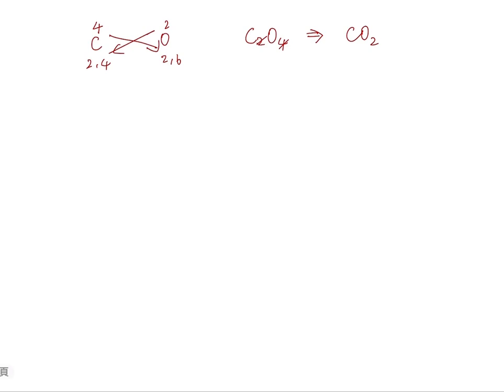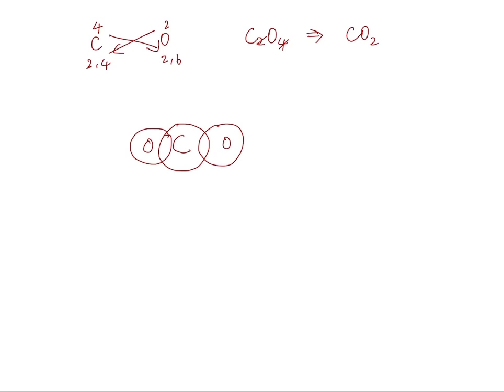And then we now draw the electron diagram. CO2, 1 carbon and 2 oxygen. Now, first of all, we need to put in the electrons. Carbon is required to share 4 electrons to become stable.